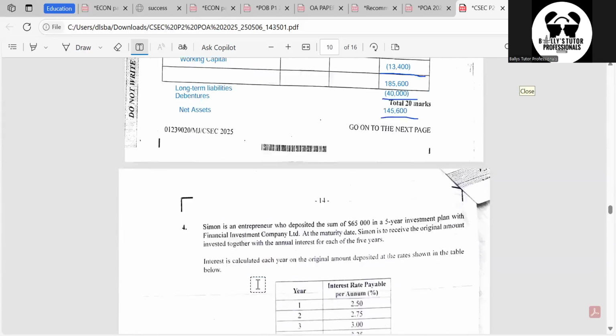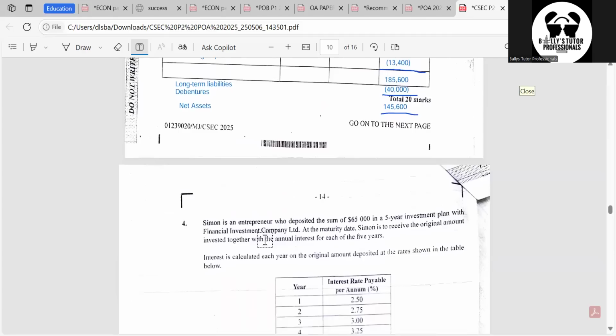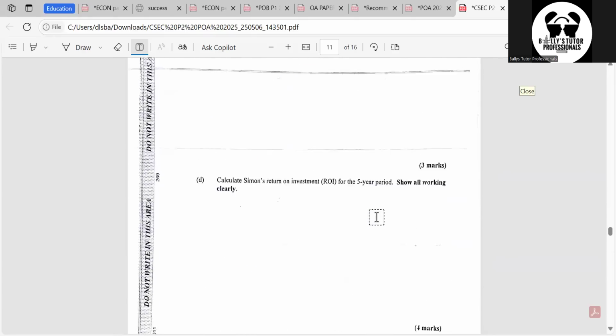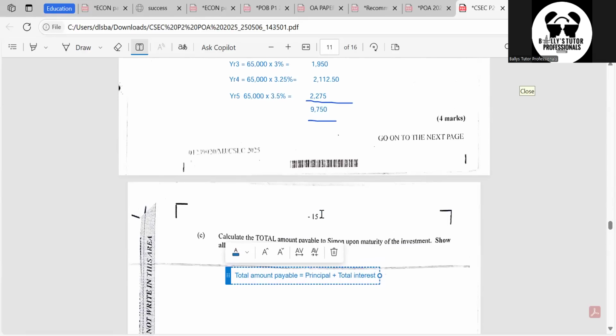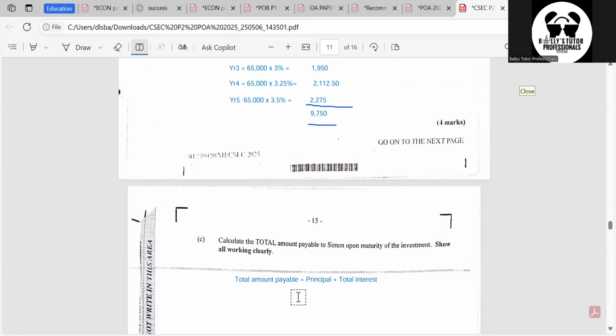investment. So according to this, it says that at the maturity date, Simon is to receive the original amount invested together with the annual interest of each 5 years. So the total amount payable is the original amount invested, which we call the principal, add total interest, which is what we just calculated to be 9,750, right?